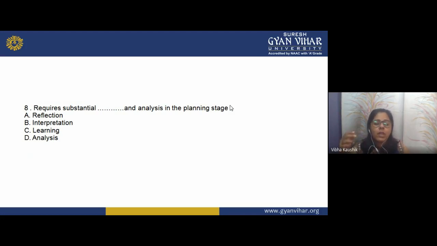Now you have to select the right answer from the above given choices. The correct answer will be reflection. Substantial reflection and analysis is an important requirement at the planning stages of the curriculum or the syllabus.